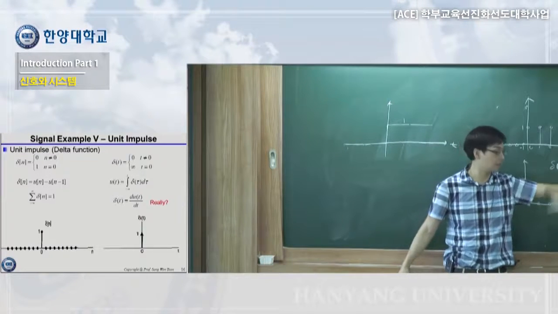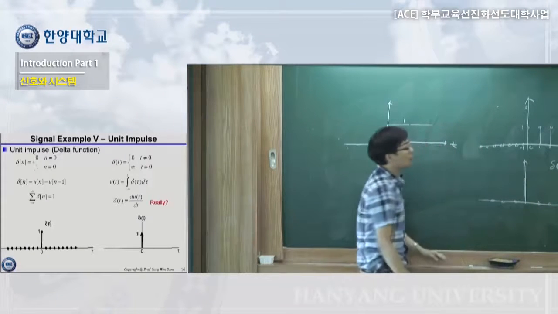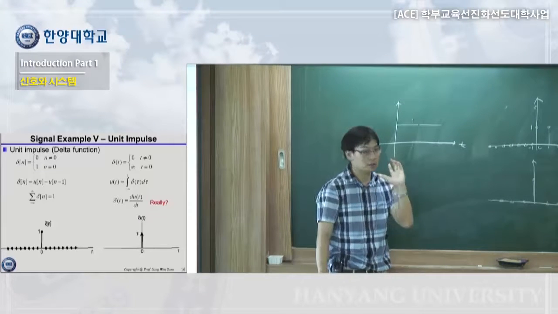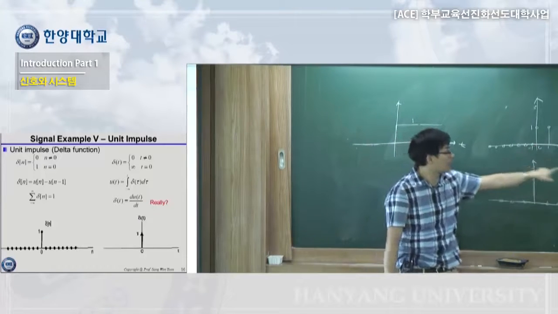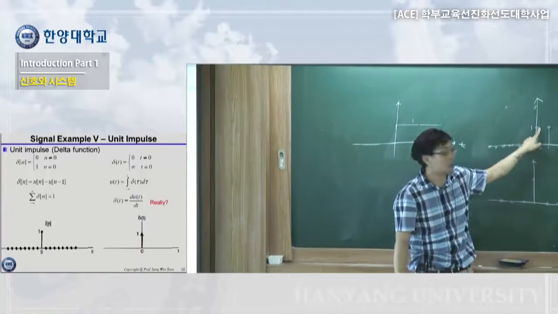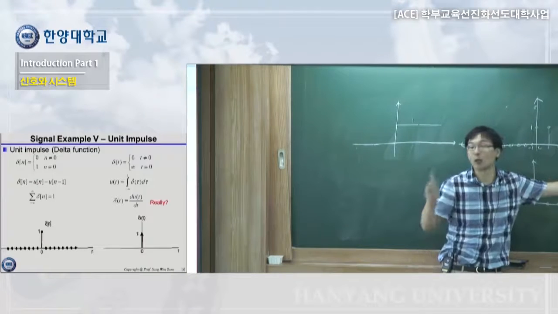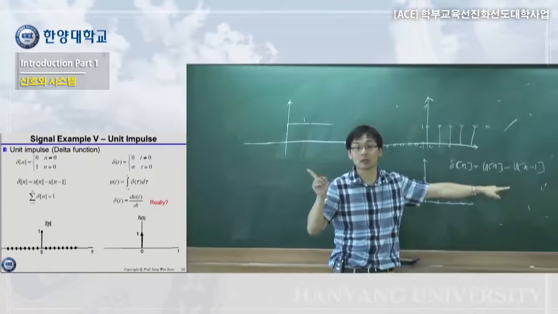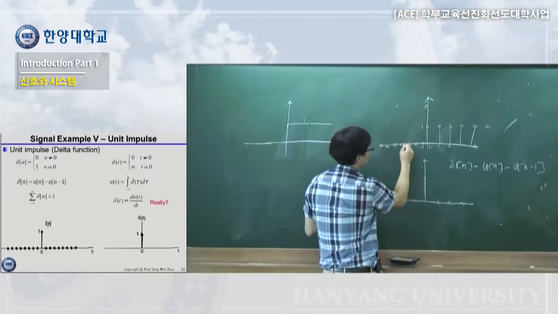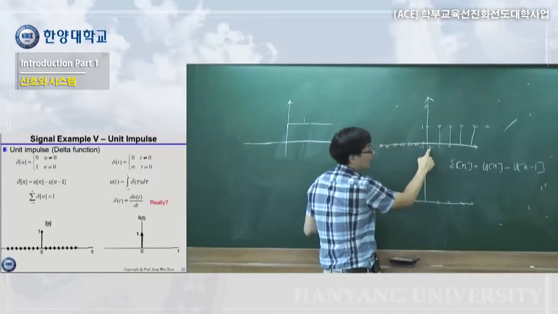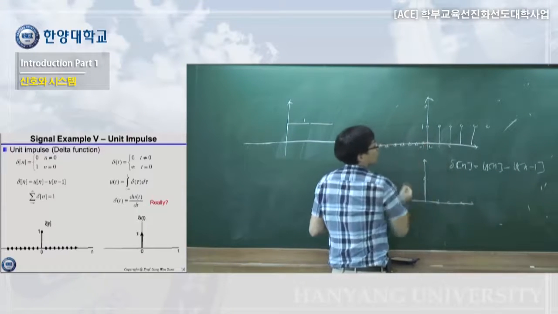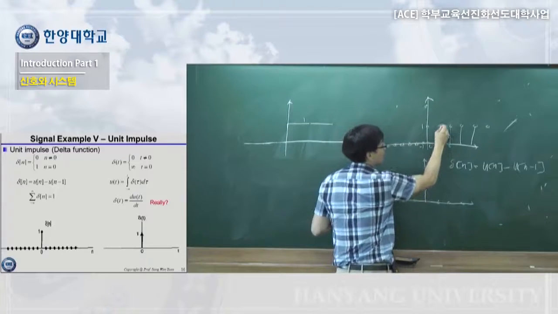So if you shift by 1 unit in time, what happens? Think this way. In u[n], when n is 0, they become 1. In this function, when n is 1, they become 1. Even though n is 0, they're still 0 because it is 0 minus 1, so still minus 1. From here, they become 1.